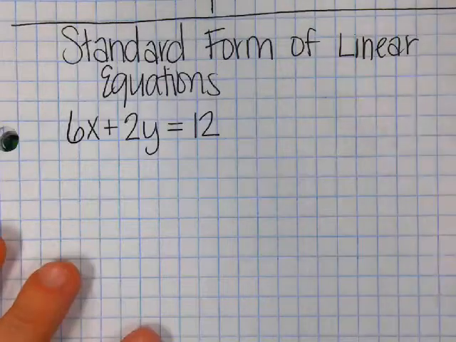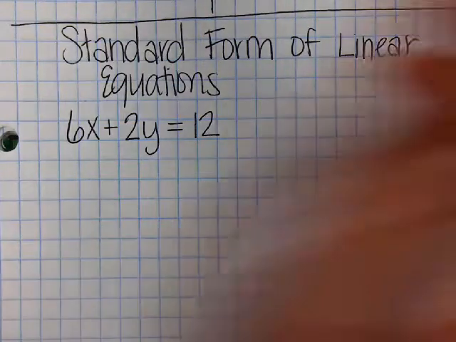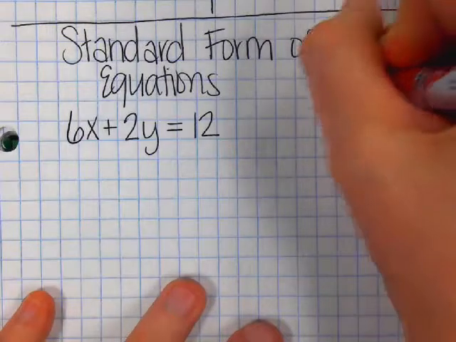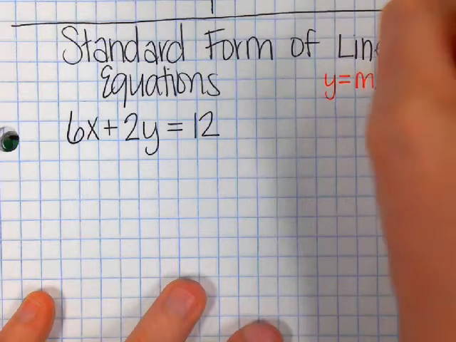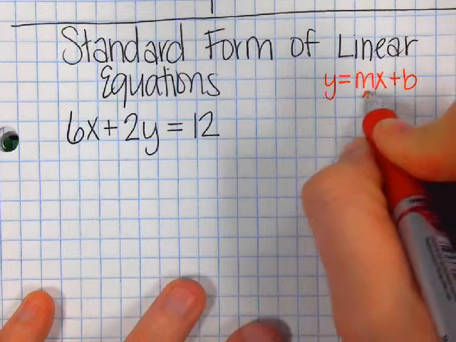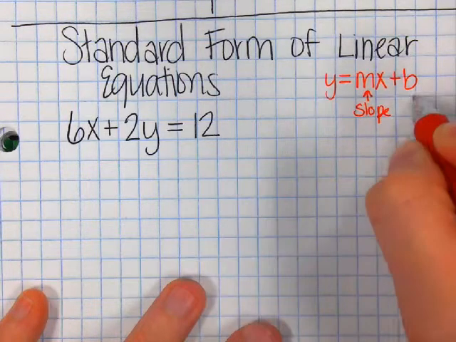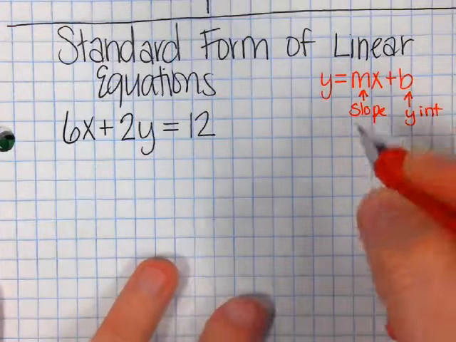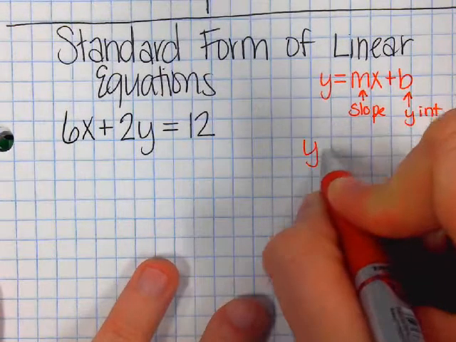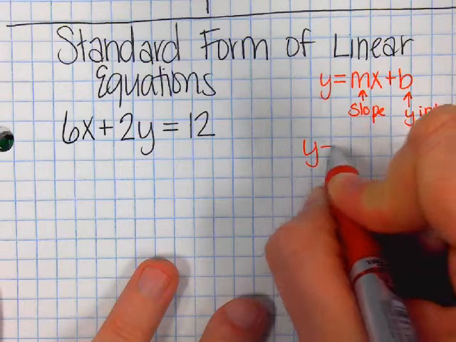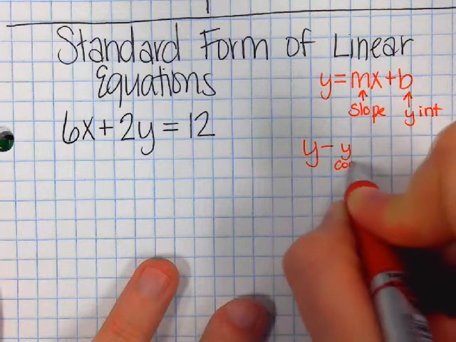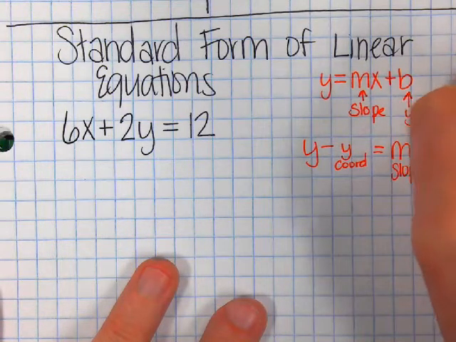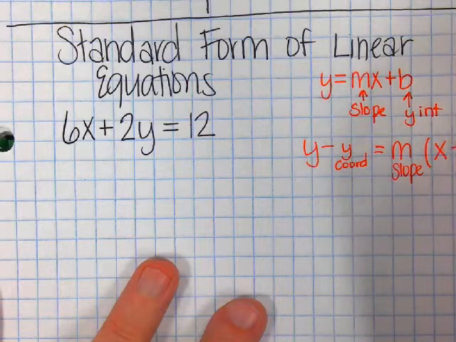So, standard form of linear equations. We have seen slope-intercept, where it's y equals mx plus b, where you can see the slope and the y-intercept. Recently we've been looking at point-slope, where it's y minus the y-coordinate equals the slope times parentheses x minus the x-coordinate.